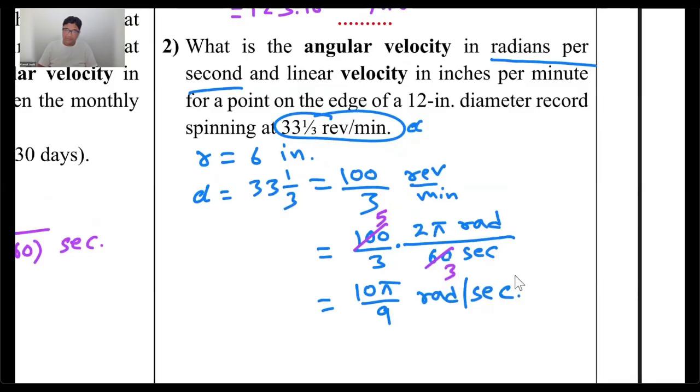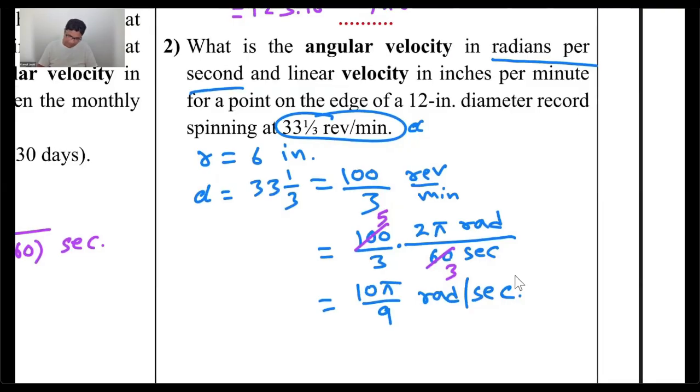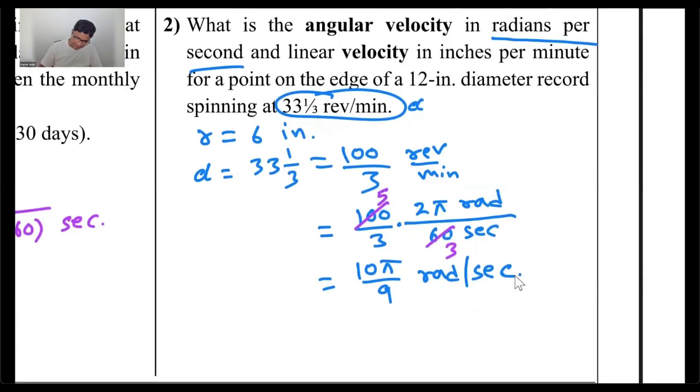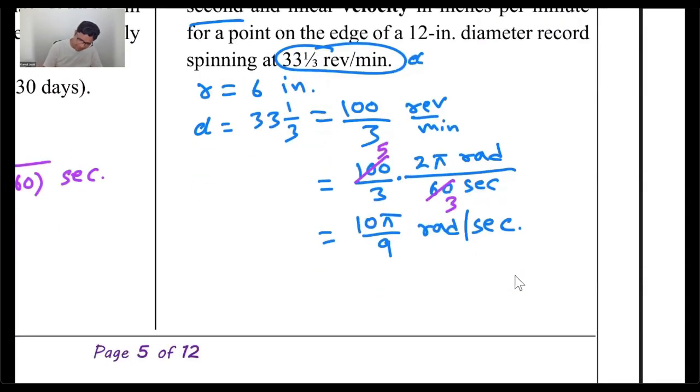That's the angular velocity in radians per second. Linear velocity in inches per minute. Now the linear velocity V is alpha R, alpha, the way we have been writing.